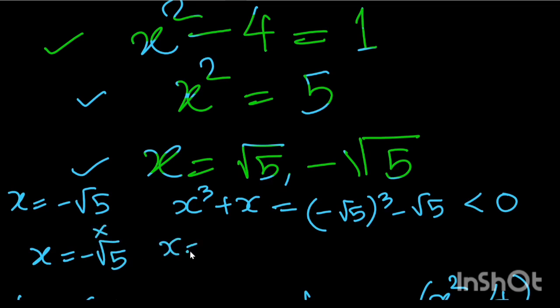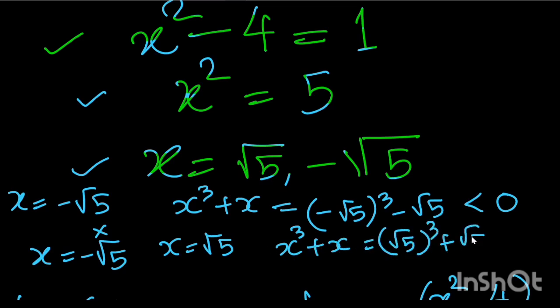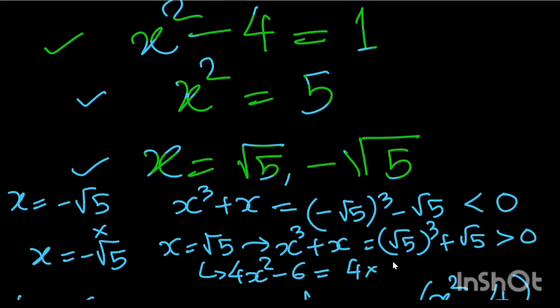Similarly, if you take x equals plus root 5 and substitute it in x cube plus x, since this is positive, x cube plus x would be root 5 whole cube plus root 5, which is a positive number. Similarly, if you substitute x equals root 5 in 4x square minus 6, it will give you 4 into 5 minus 6, 20 minus 6, which is 14.